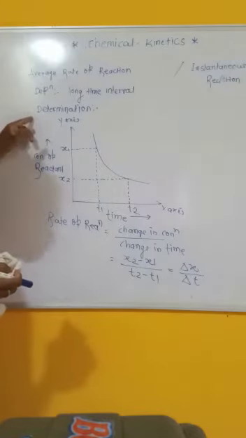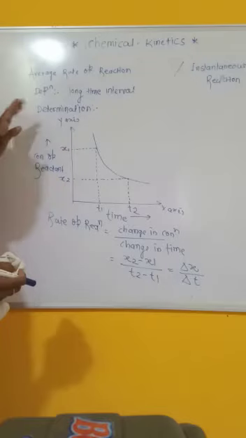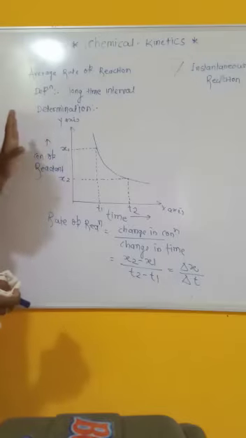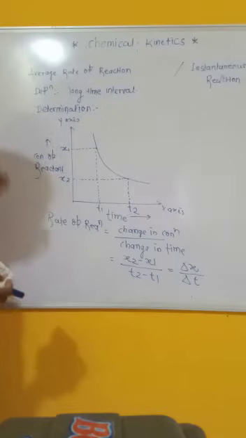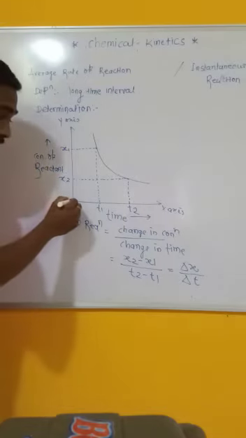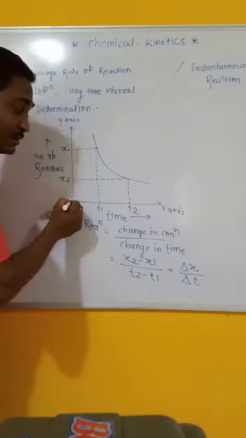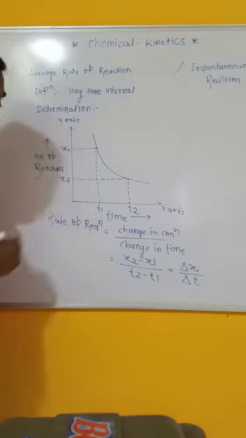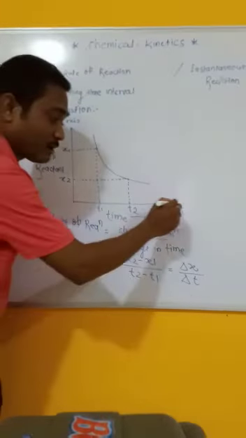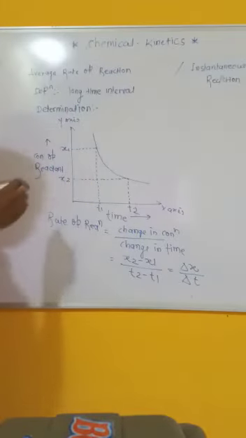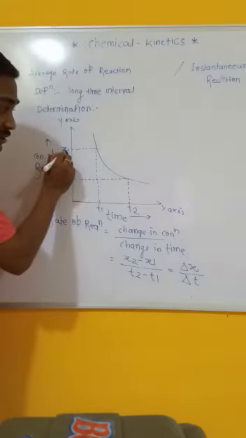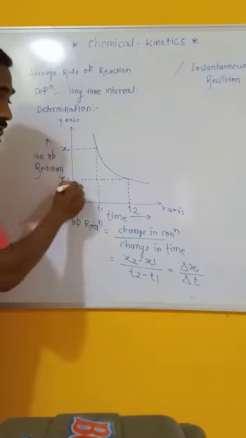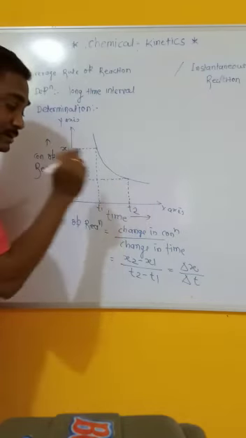It can be determined graphically, by using a graph. If the graph is plotted between the concentration along the y-axis and time along the x-axis, then x1 is the concentration of reactant at time t1 and x2 is the concentration of reactant at time t2.